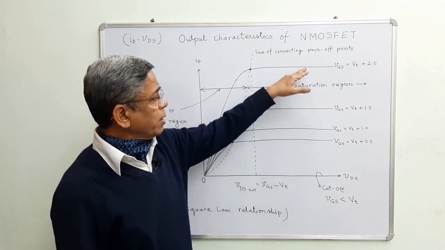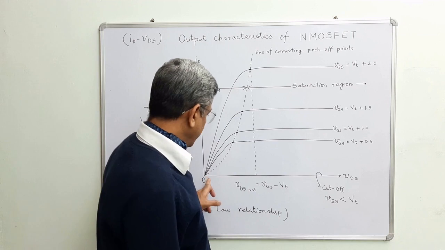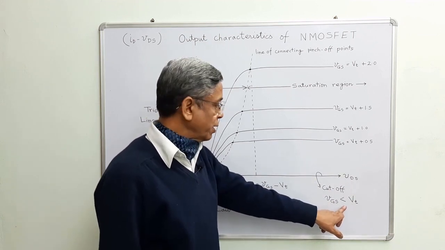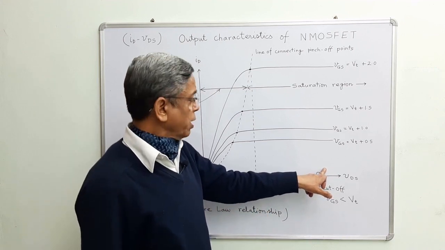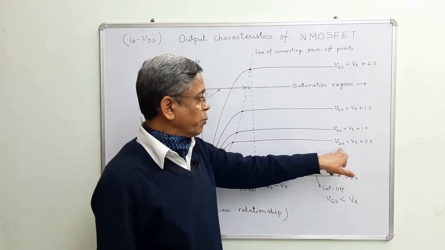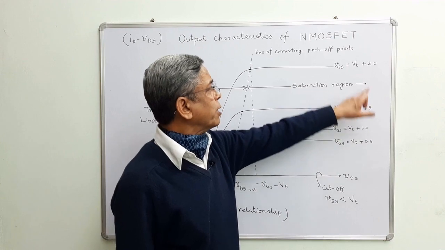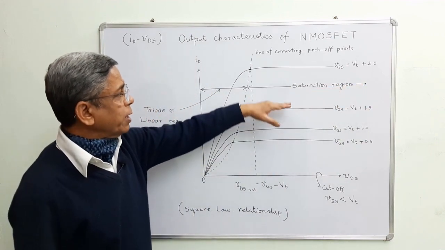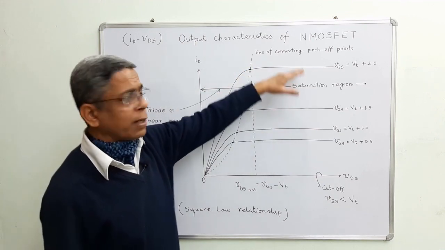So many curves are drawn here, right from the x-axis where VGS is far less than VT, that means there is no current flowing, no conducting channel exists. And the moment we increase the potential of the gate by equal amounts, for example 0.5, 1, 1.5 and 2.0, we see the scale of current increasing.